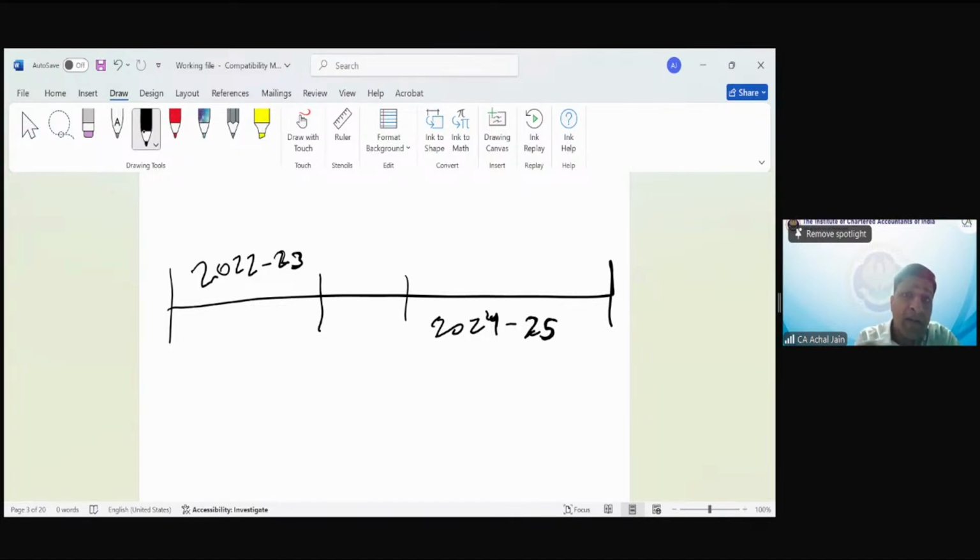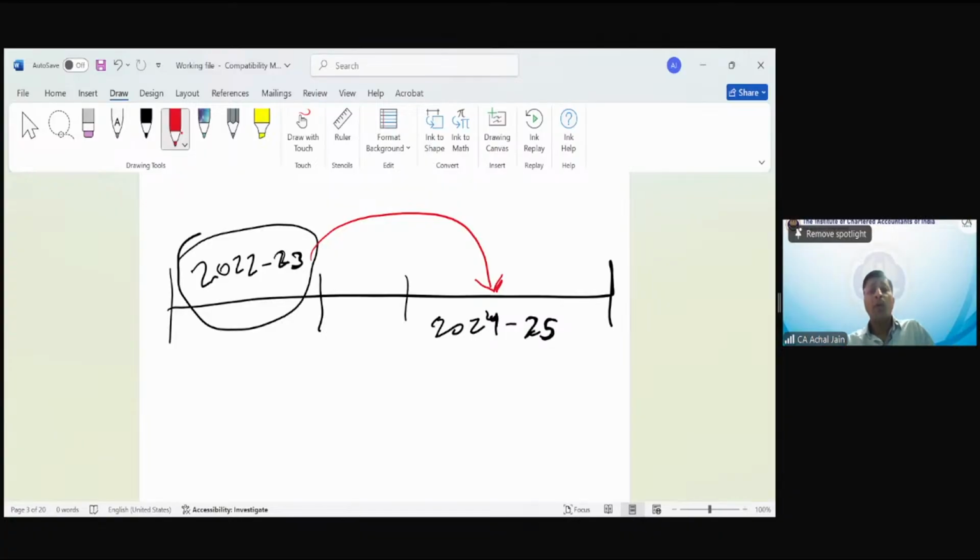So this error pertains to which period? 22-23. And when was this found? In 24-25. Now, what is the amount of this error? Say rupees 25 lakhs. So this amount is considered to be significant. Financial statements for 22-23 are closed, 23-24 are also closed. So can you change that?